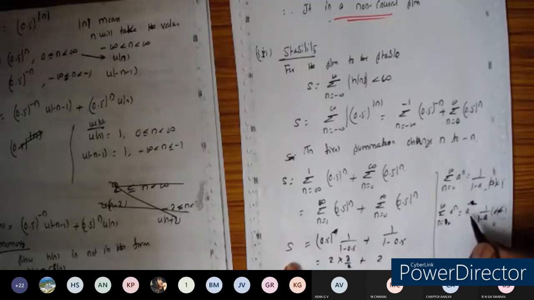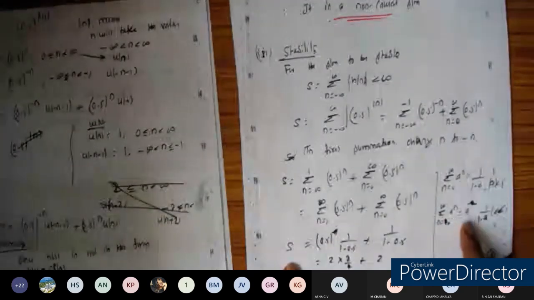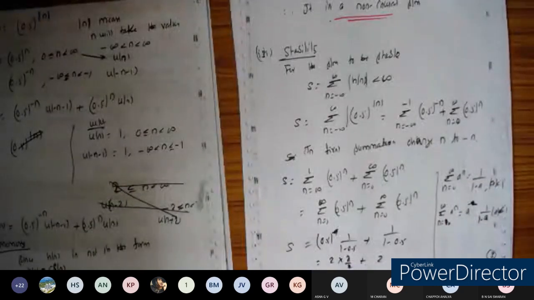A to the power of n summed gives A divided by 1 minus A. Is the formula correct, or the previous one? A divided by 1 minus A is correct.